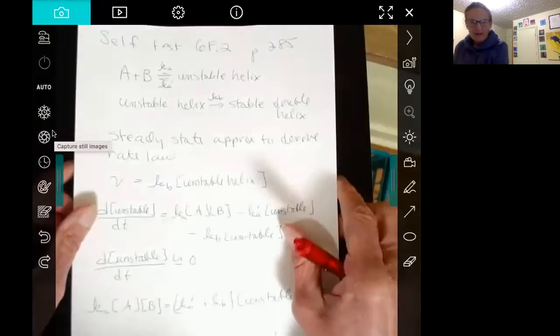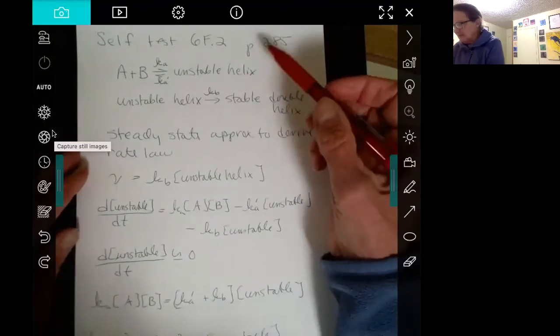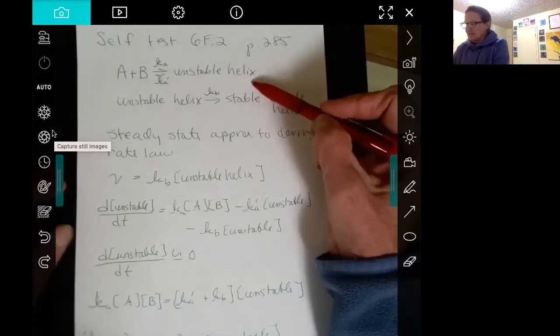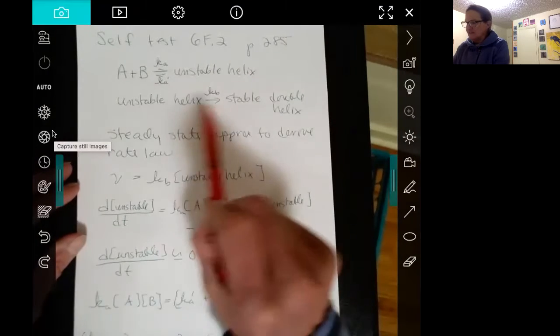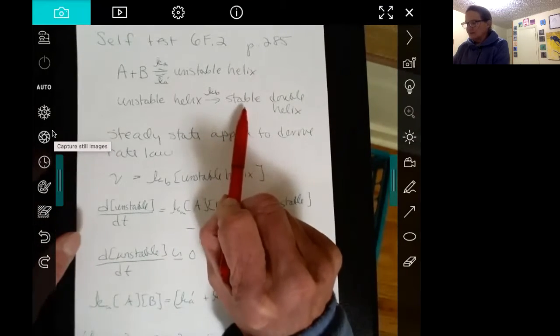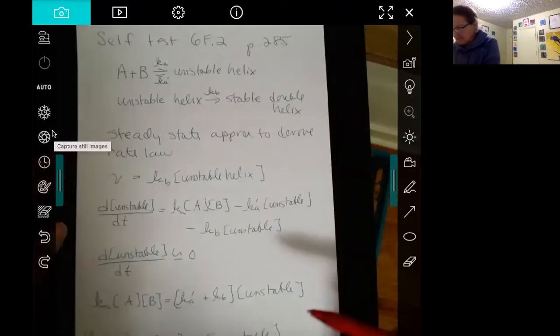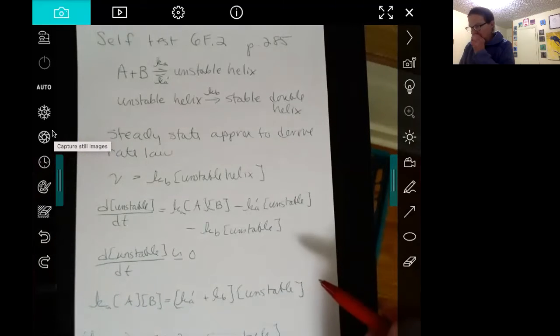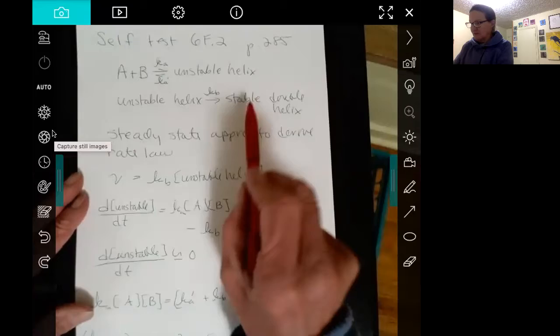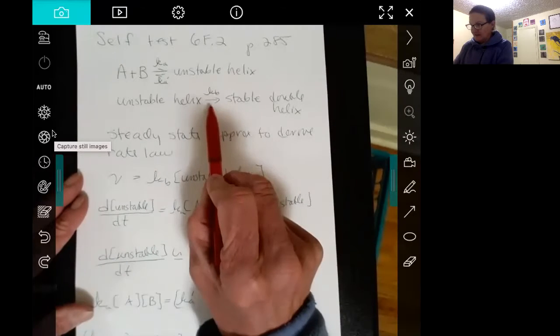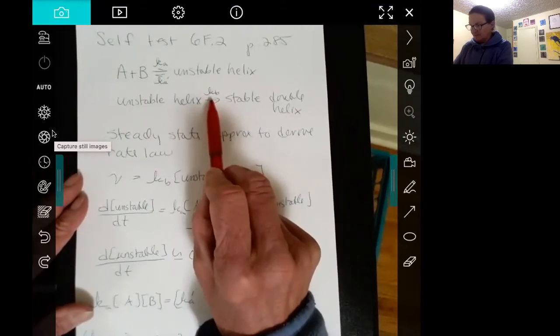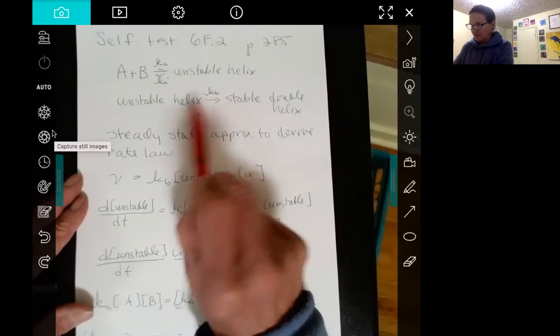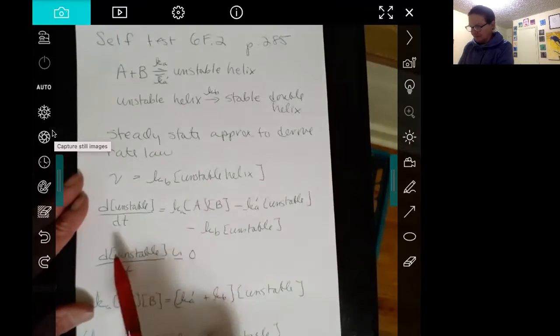And it tells us that we have this reaction between A and B, and first it forms an unstable helix, and then that unstable helix can go on and form a stable double helix. And so we use the steady state approximation to derive the rate law. We start out and say the rate of formation of the product is a function of this second step. It equals Kb times the unstable helix.